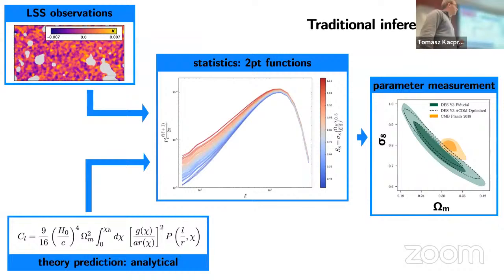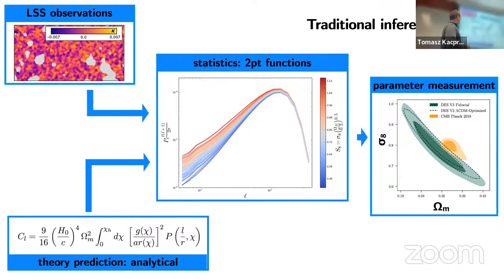And typically what is done, and it's a very well tested and understood method, a classical method, is we create, for example, 2-point functions, which is basically a power spectrum or a 2-point correlation of the map.